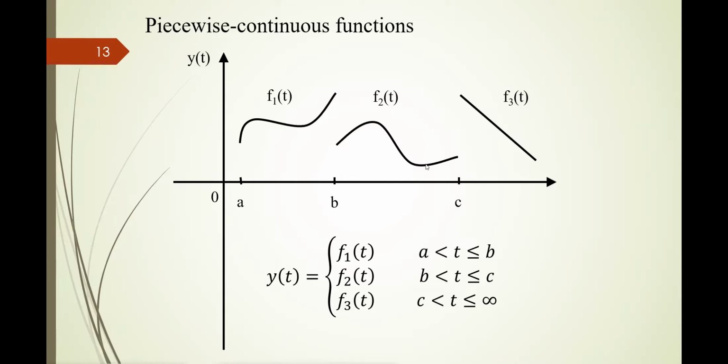However, when time is equal to c, this function is switched off and it's replaced by another function. So what's the representation of that one? So it can be represented by y of t is equal to f1 of t from a up to b. Now, when time is greater than b but less than c, it's replaced by function 2. When time is greater than c up to infinity, it's replaced by function 3.